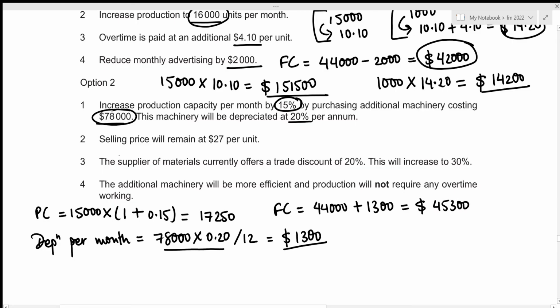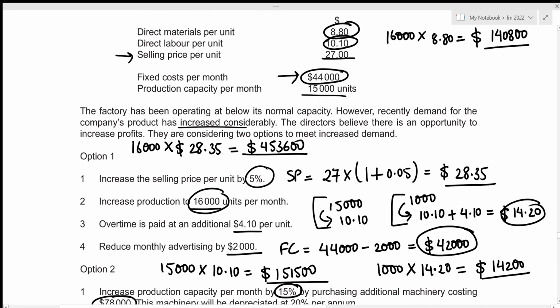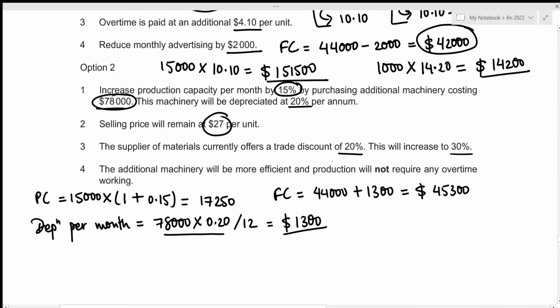Okay, then we are told that the selling price will remain at 27 per unit. The supplier of materials currently offers a trade discount of 20%. This will increase to 30%. So let's have a look above. Previously, our direct materials per unit had the value of 8.80, and this is the value after getting the trade discount of 20%.